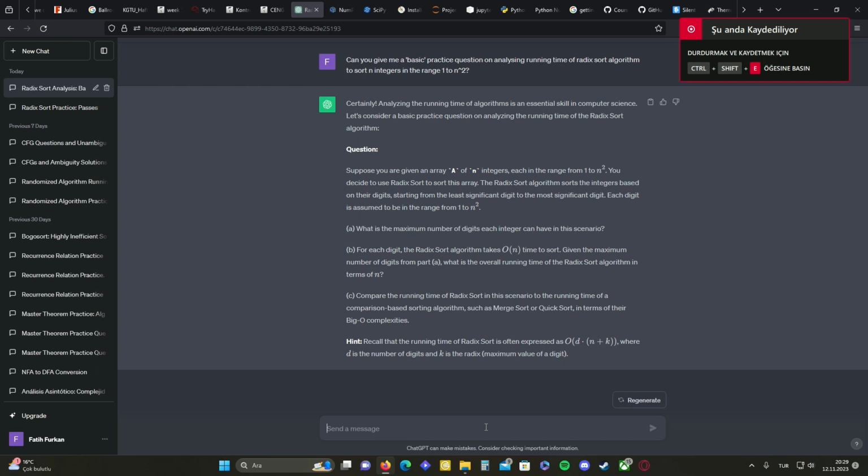Let's solve the question. For A, ChatGPT asks, what is the maximum number of digits each integer can have in this scenario?